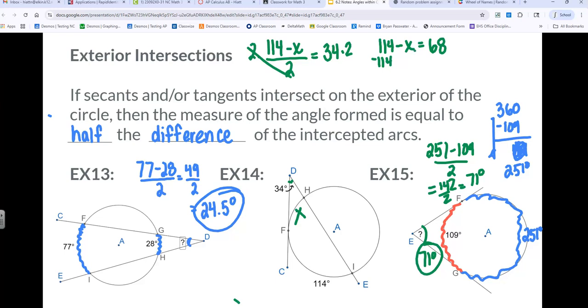Subtract the 114. Make sure you don't lose your negative with your x. So 68 minus 114 is going to be negative 46. And then, Richard, what's the last thing you would do there? Divide by negative 1, which just changes us back to a positive 46. So this is 46 degrees right here.